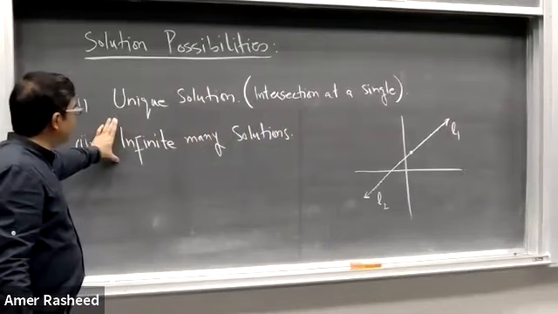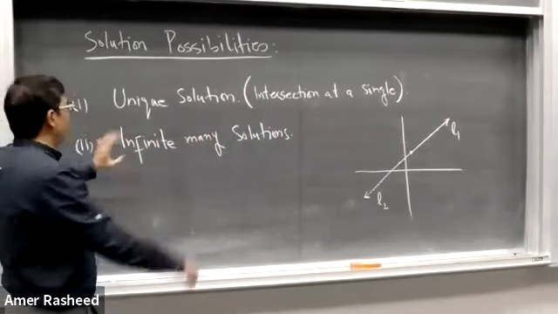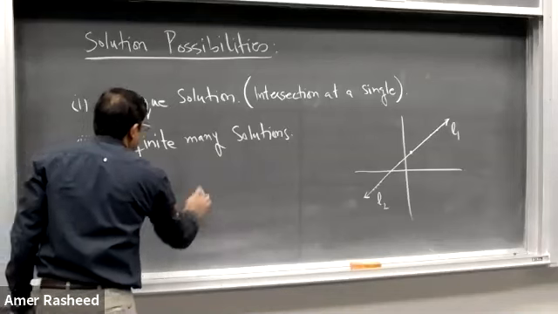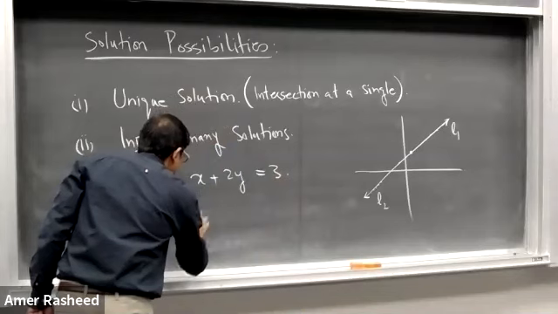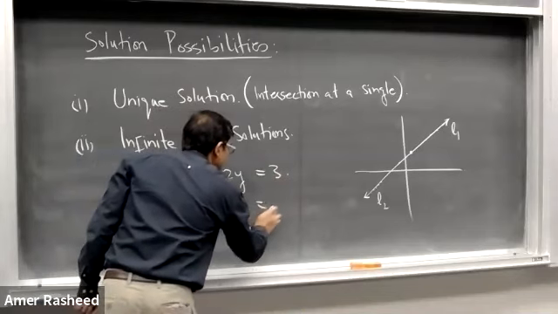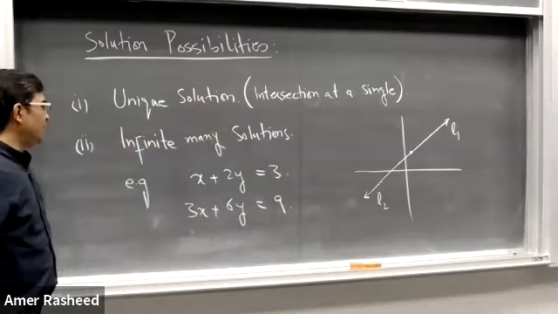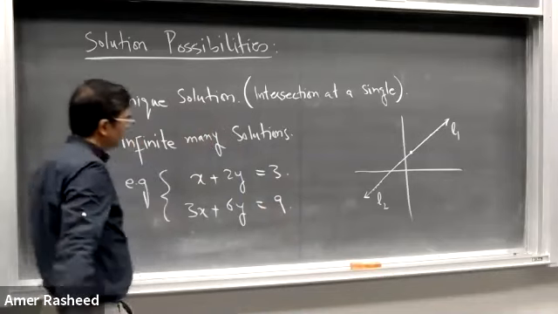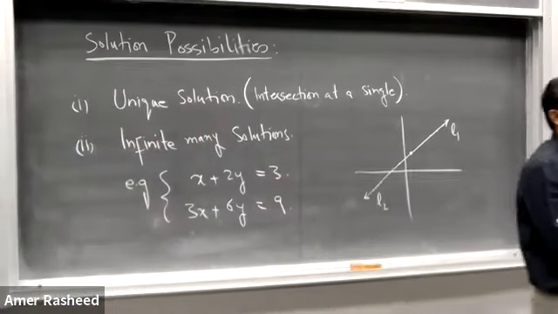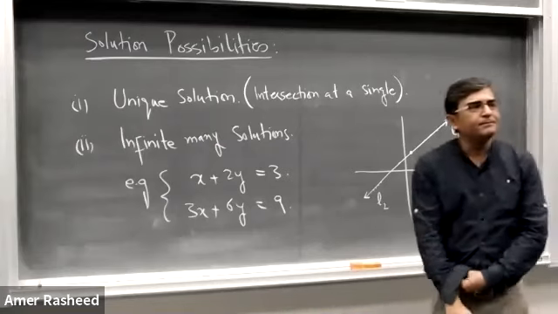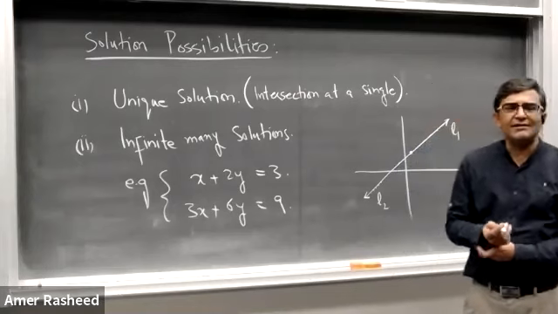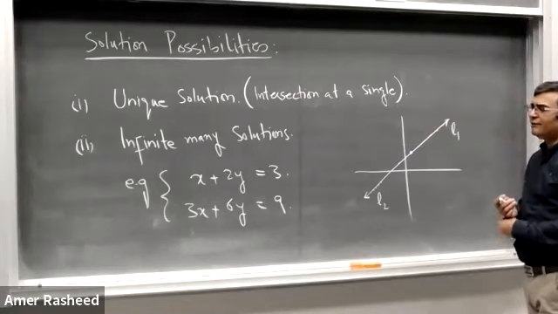When does this situation arise? For example, we have x + 2y = 3 and 3x + 6y = 9. If you look at this linear system closely, you can see that the second equation is just a multiple of the first equation, a multiple of 3.